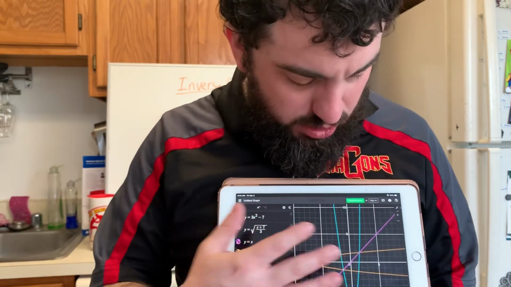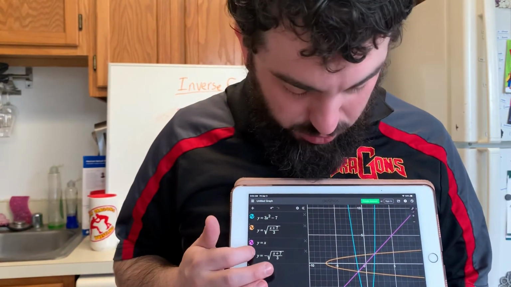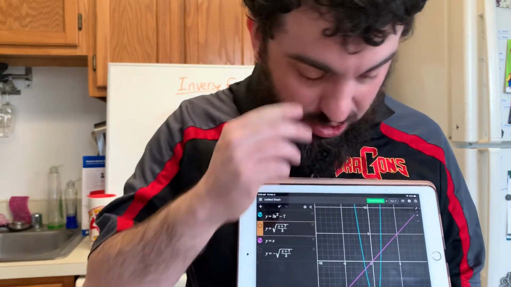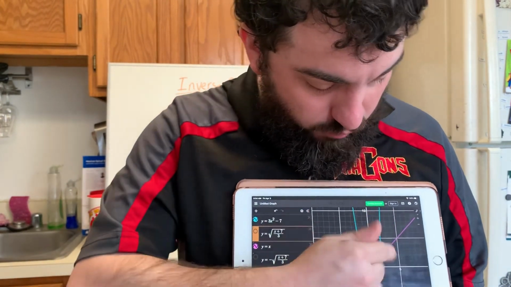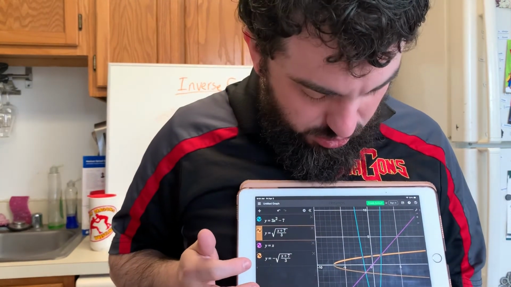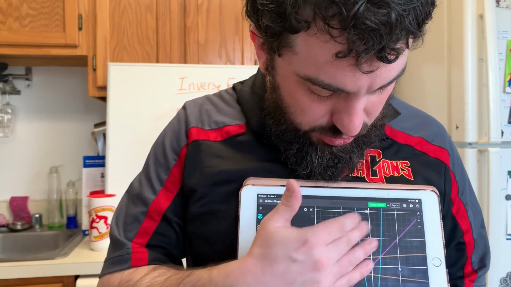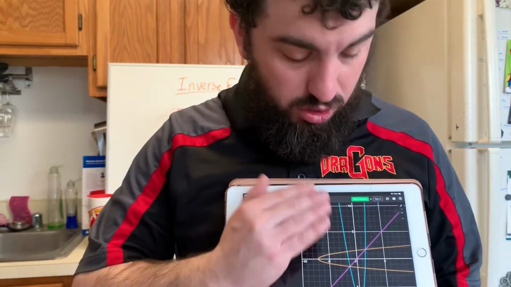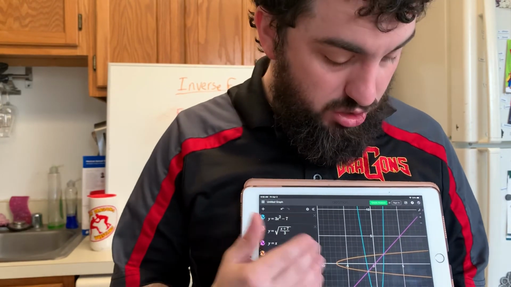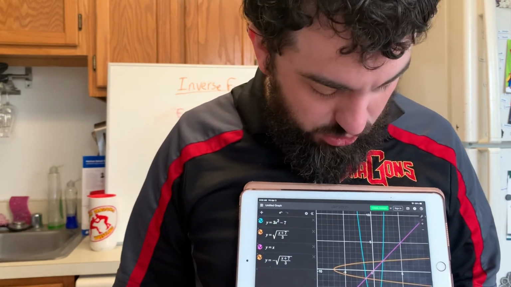So visually, this is what it means for them to be inverses. If I turn off the orange for a second, we would imagine flipping this over this line to get those pieces. And hence, they are reflected over this line y equals x.